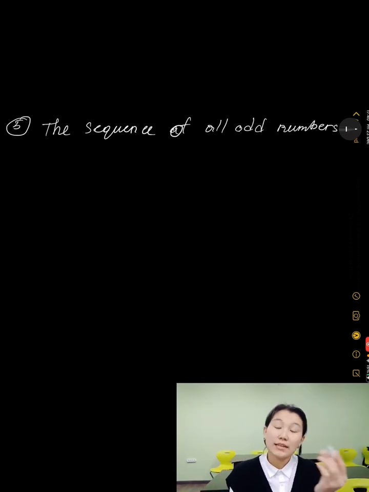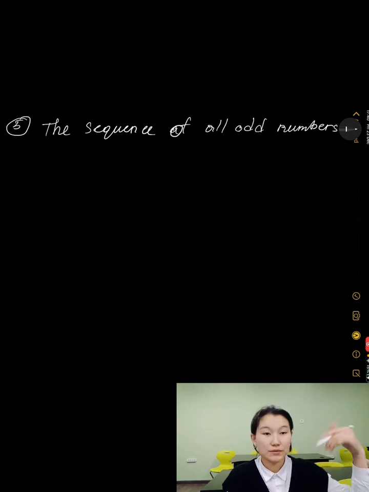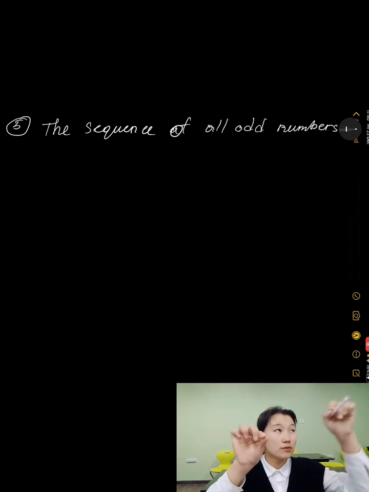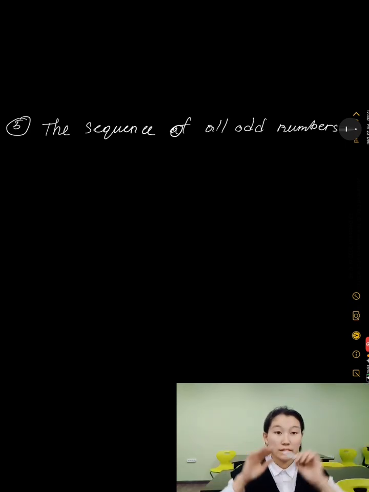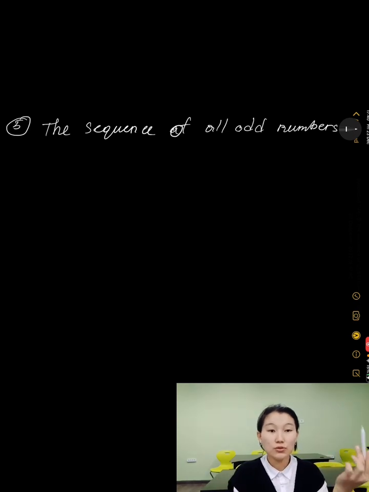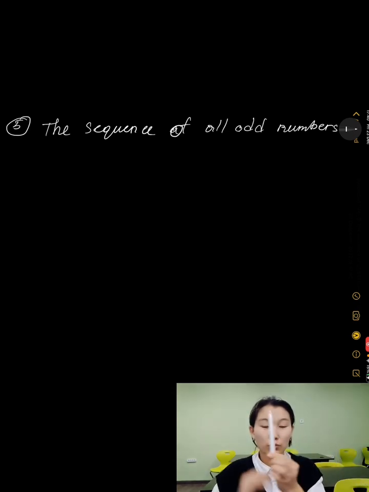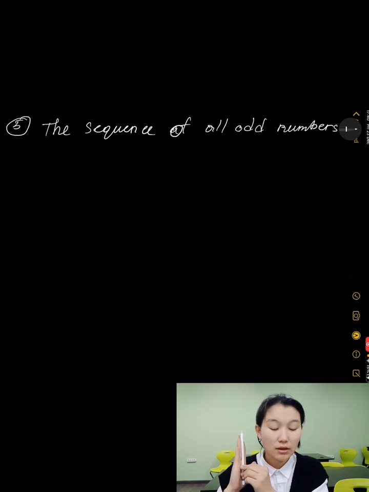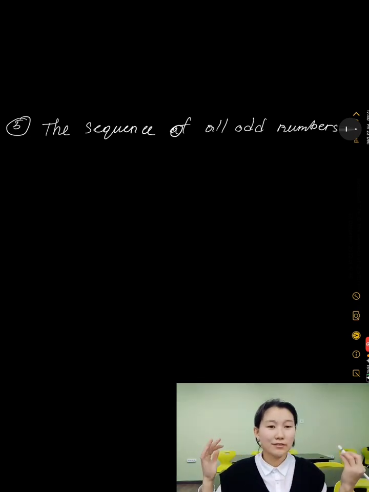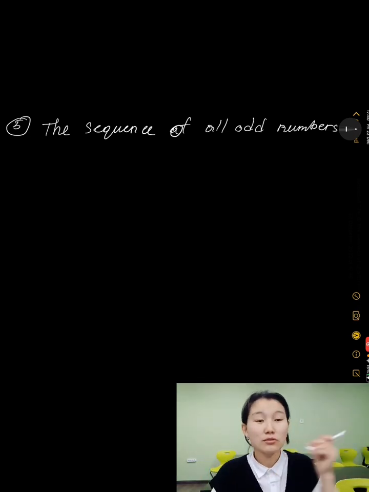It's an infinite sequence. The positive numbers go 1, 2, 3, 4, 5, 6, 7, and on to plus infinity.